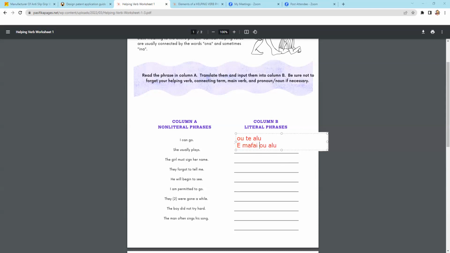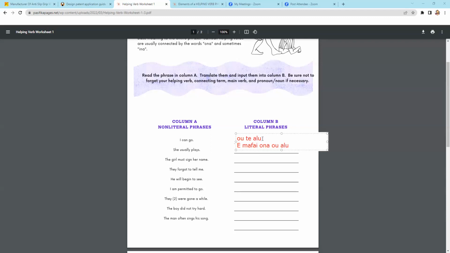'E mafai o alu', or they might even say 'mafaingo alu'. That's when you're slurring everything together. And here we're going to try to say everything all the way out. So in 'mafai', what's our connecting word? 'Ona'. So 'e mafai ona o alu'.